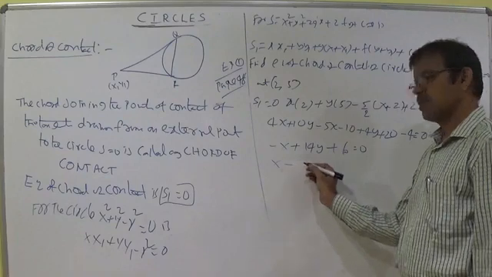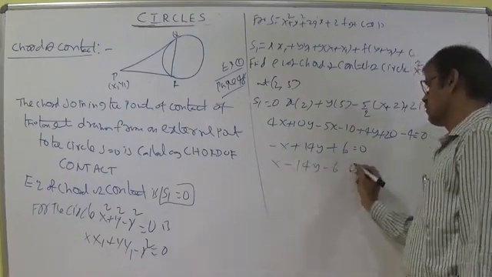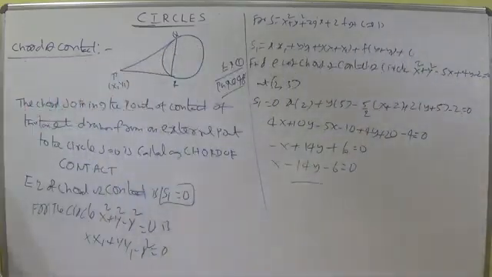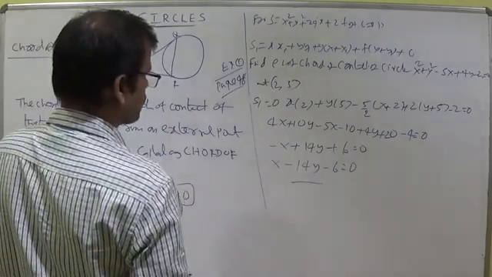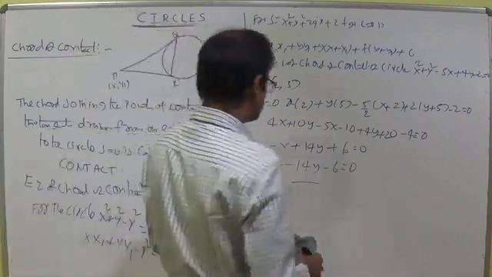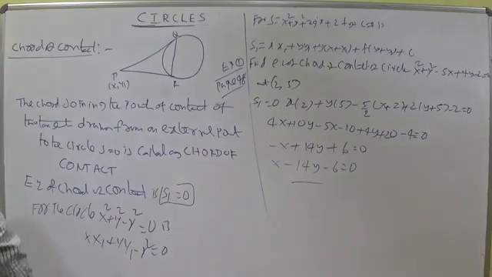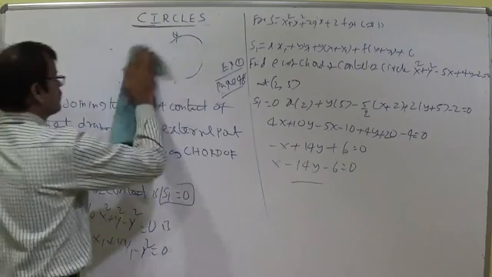So by multiplying with minus, it becomes x minus 14y minus 6 equal to 0, which is the equation of chord of contact. Verify whether it is a mistake, no problem.